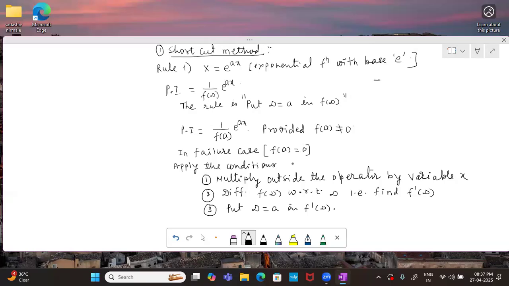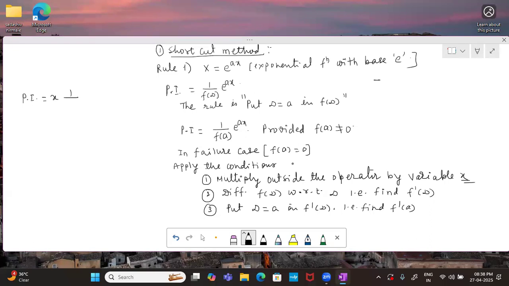So you will get PI in this form. Multiply outside by the variable x. Then in the derivative f dash D, put D is equal to a, that is, find f dash a.